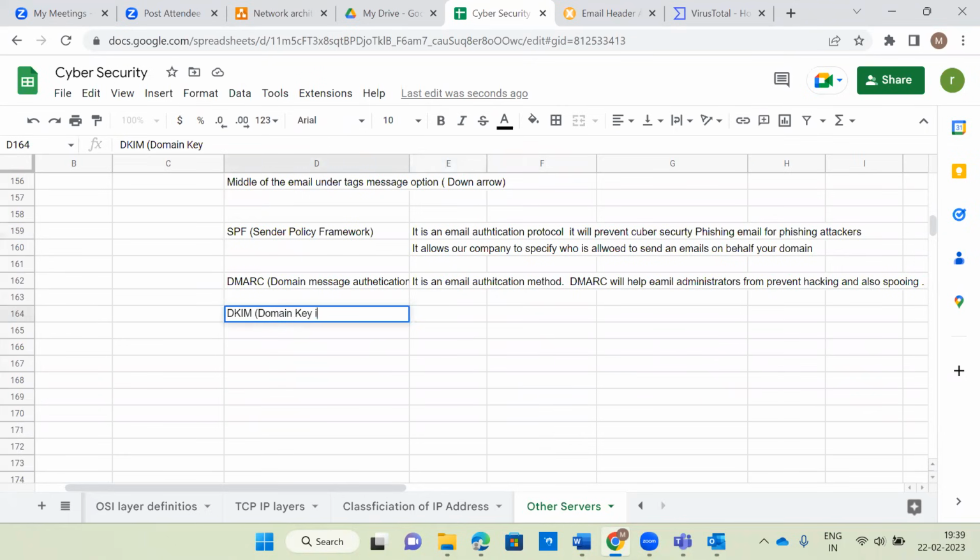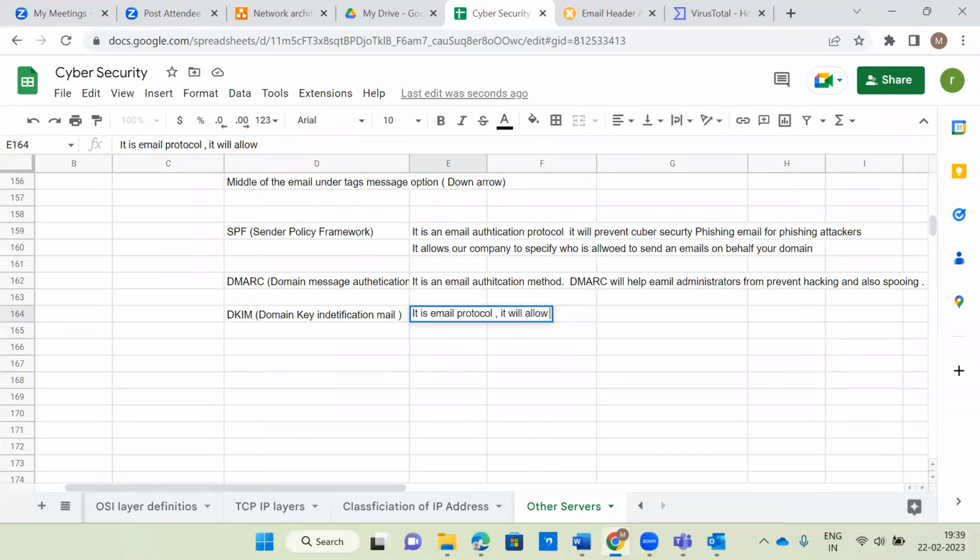Domain Keys Identified Mail, or message. So it is also an email protocol. So what exactly will it do?